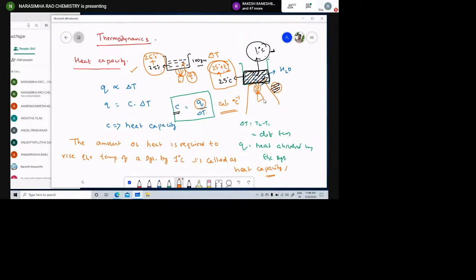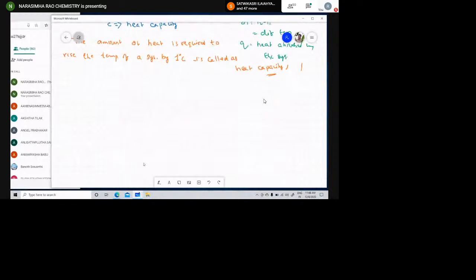Before discussing that, let me move to another concept, that is specific heat capacity. Then what is the meaning of specific heat capacity, children? Let me discuss.